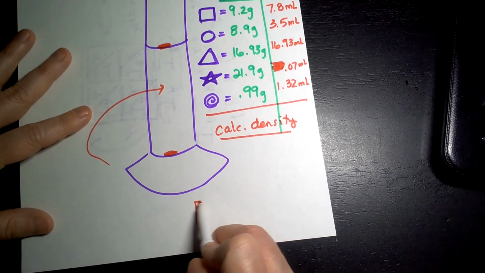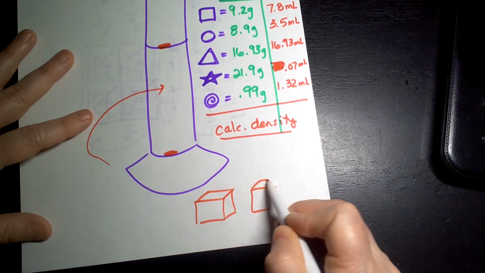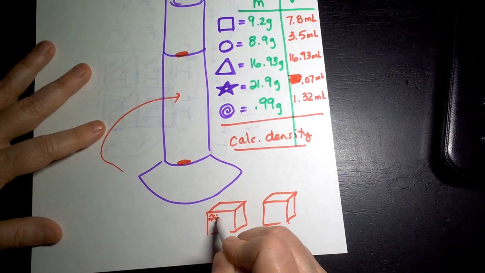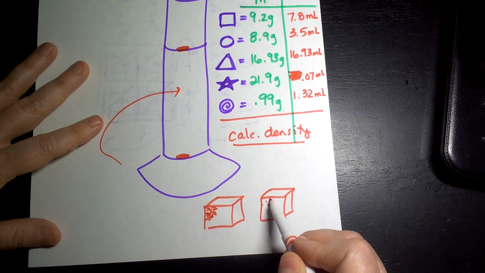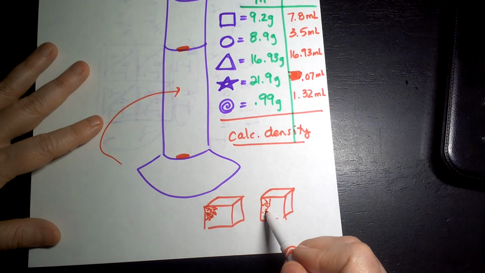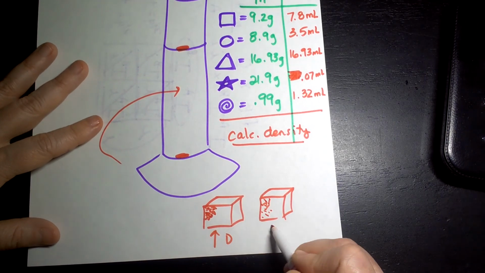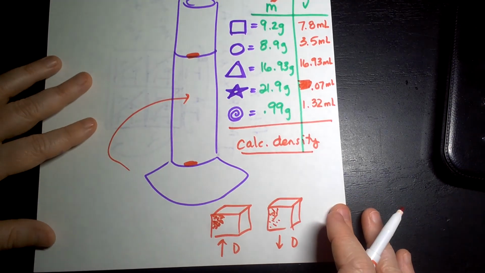And remember, density: if I was to look at two blocks and all the particles were tightly packed together, you'd have to have a very high power microscope to see that. And then the particles are just loosely and lightly packed together. This one would have a higher density and this one would have a lower density in comparison to each other.